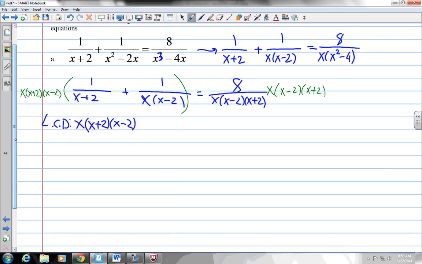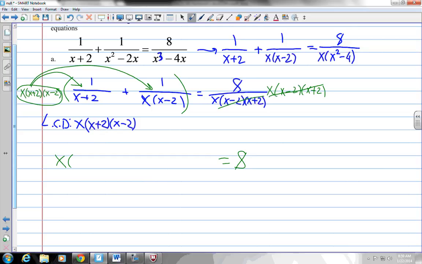So what happens on the right? Everything just cancels, and you're left with 8. Now here you have to be careful. We're going to take this entire expression and distribute. Right? We're going to use the distributive property. So when you multiply this LCD by the first fraction, what's going to cancel? X plus 2 will cancel. And what's left?